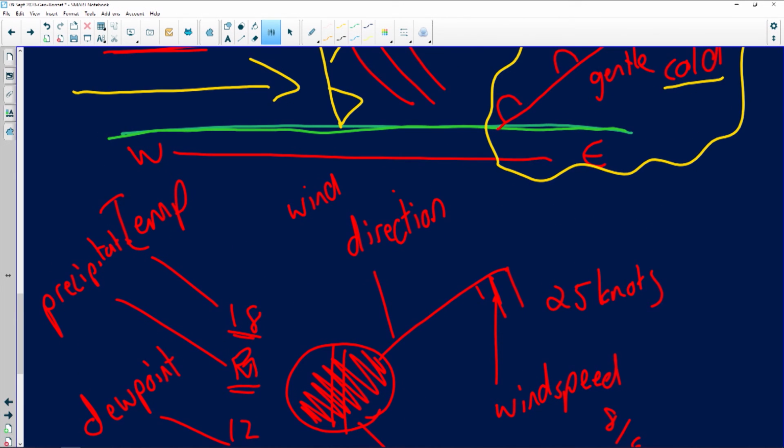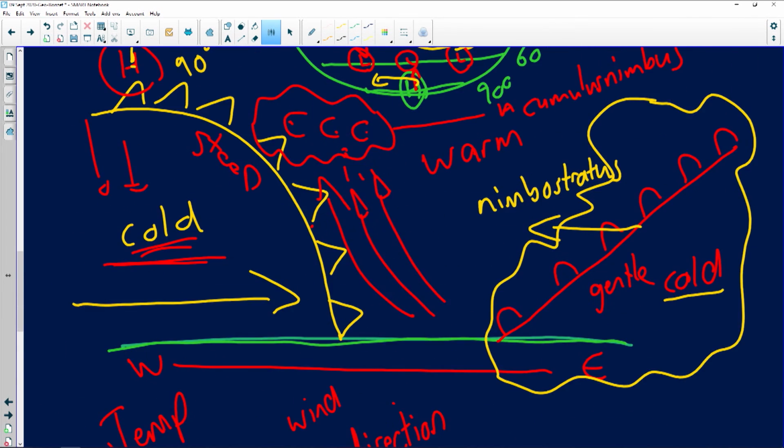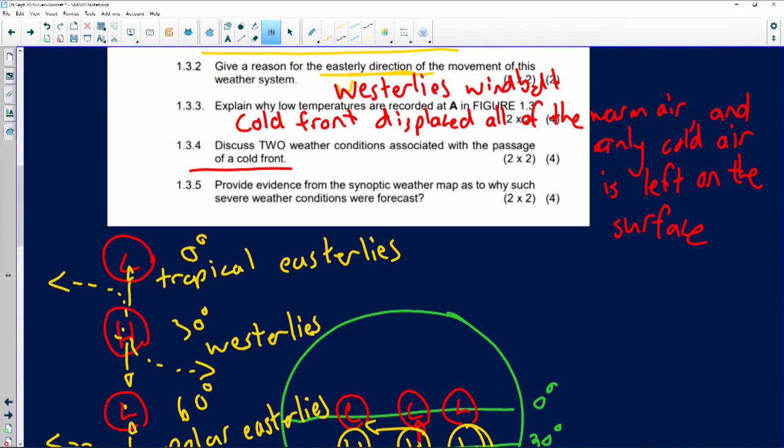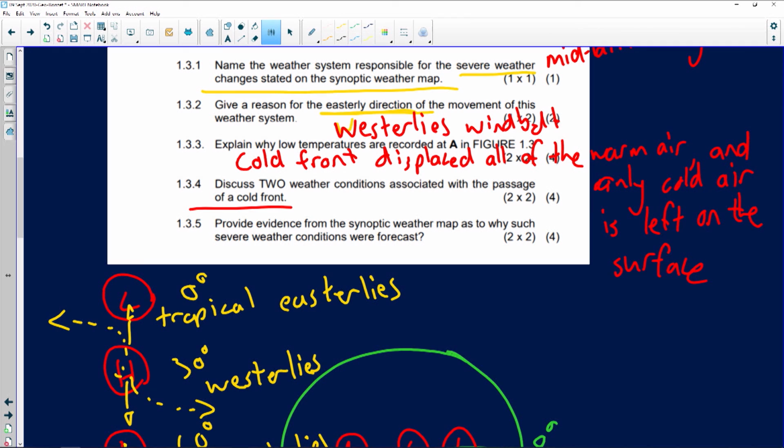Any of those can be weather conditions associated with the passage of the cold front. So we can just mention rain, and we can mention cold temperatures.